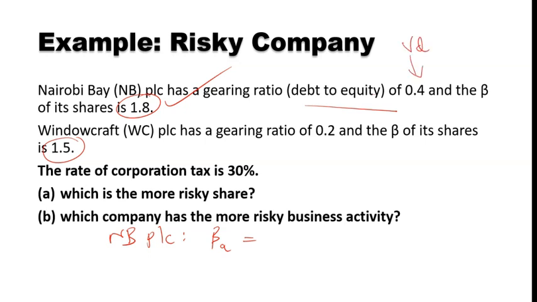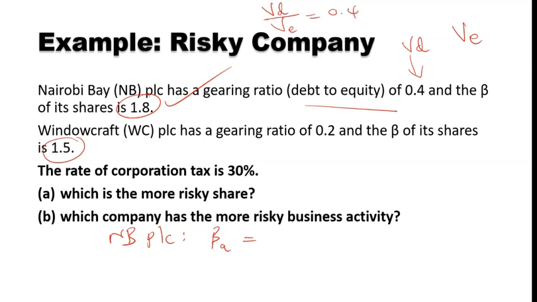If VD is 0.4, VE is not 0.6, please, in this ratio. All right, because the ratio of VD over VE is equal to 0.4.